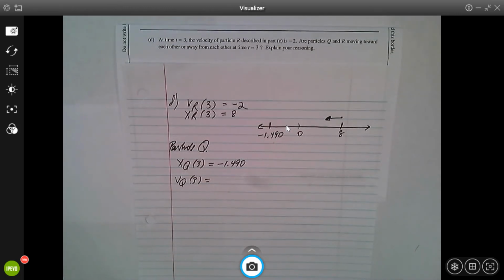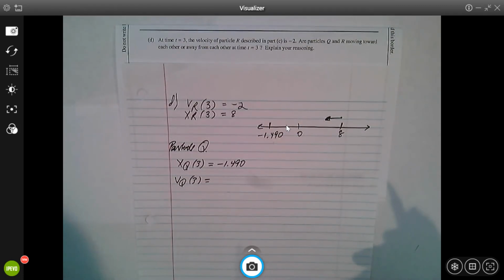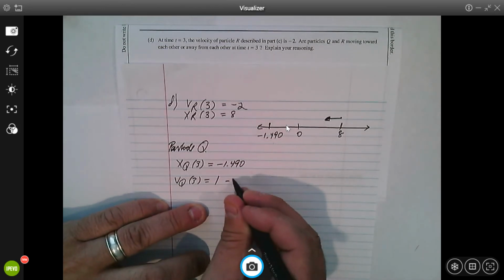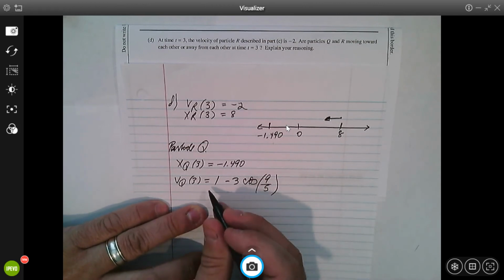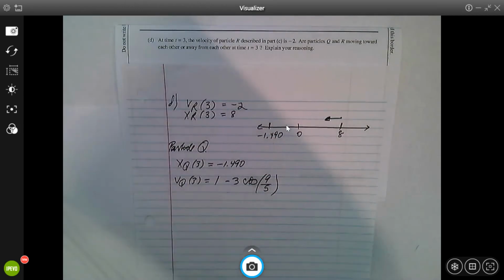Now I'm going to have to go back in my notes here, but we were told that the velocity function for q was equal to 1 minus 3 cosine of t squared over 5. So in this case, 1 minus 3 cosine of 9 over 5. Take a moment and calculate that on your calculator.